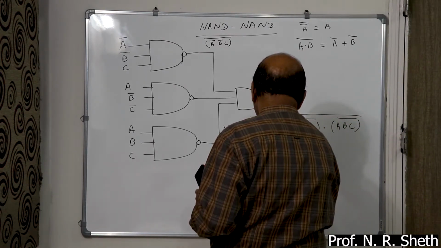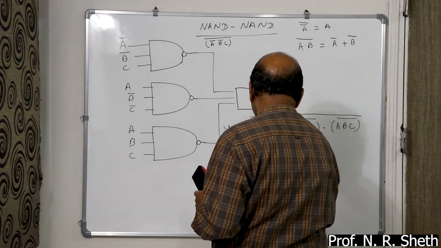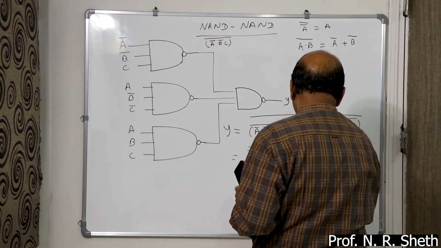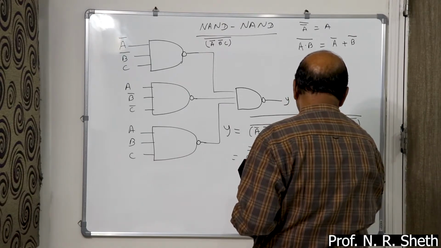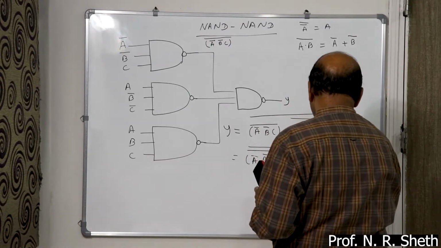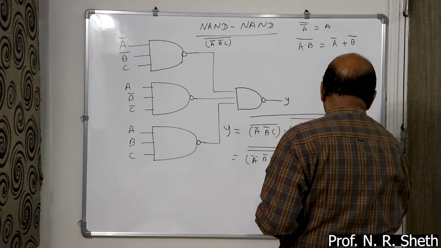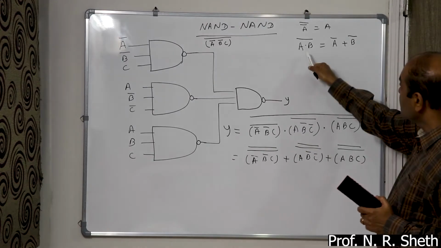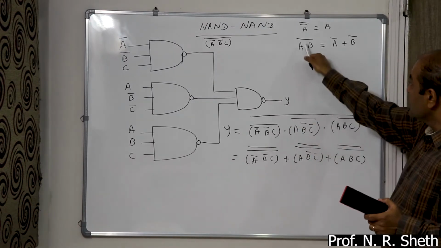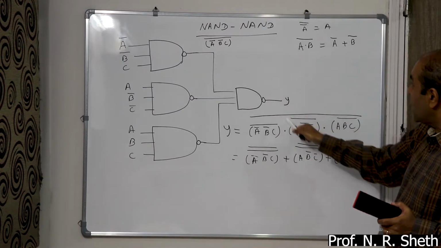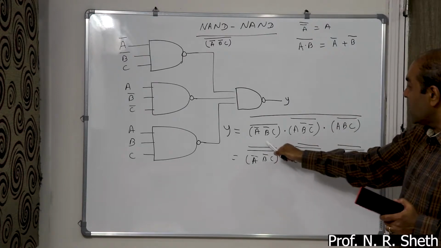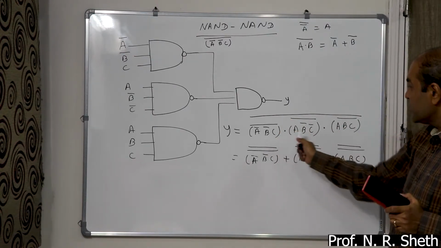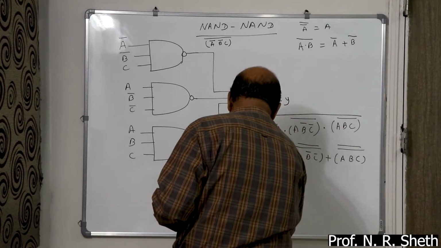A bar, B bar, C double bar plus A, B bar, C bar double bar plus A, B, C double bar. With the NAND gate application, A dot B whole over bar is A bar plus B bar, and by the double inversion rule the double bar is removed.